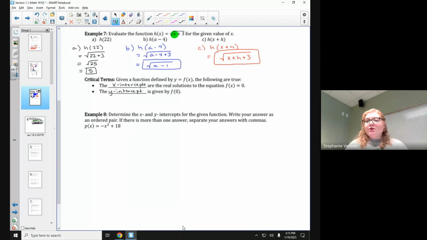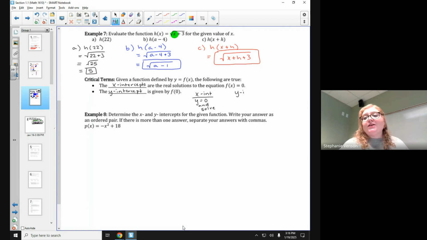Let me give you a shorthand way to say that. If you are asked to find the x-intercept, you're going to let y equal 0 and solve. That's what the first bullet point means.